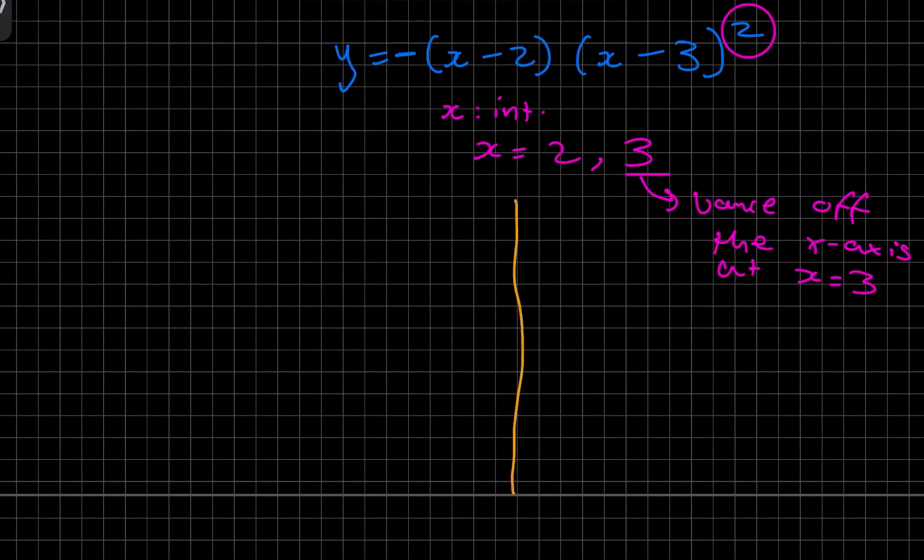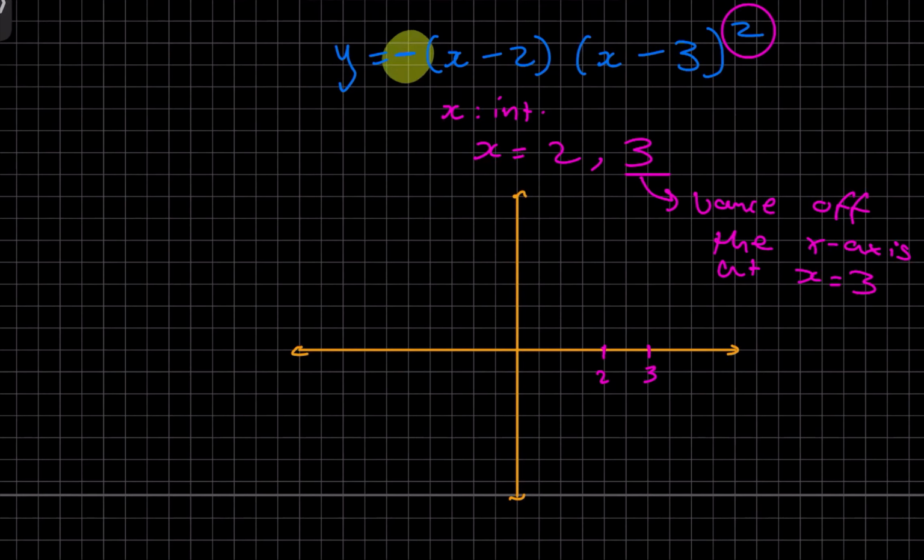So drawing our graphs, we will make note of our x-intercepts. So here is x equals 2 and here is x equals 3. Now note that we have a negative out the front of this equation.